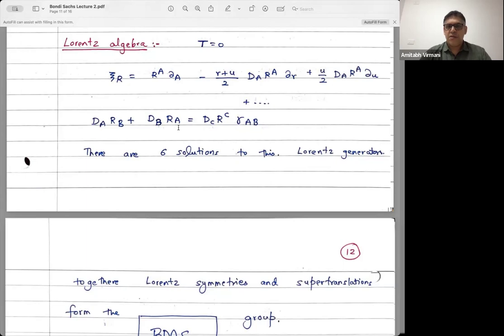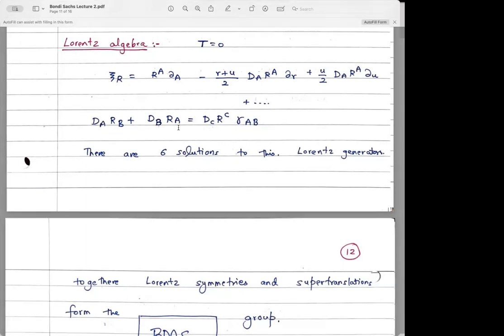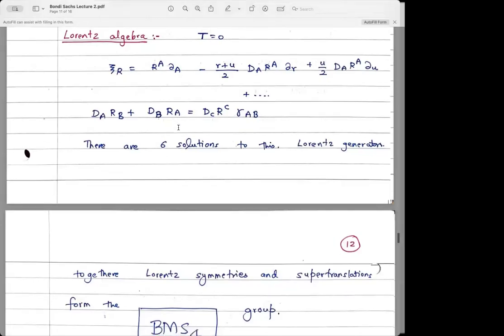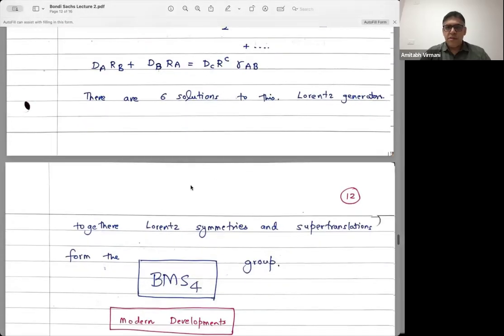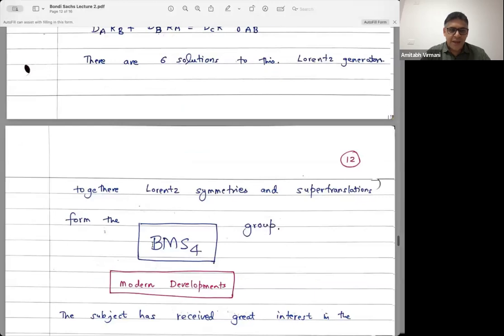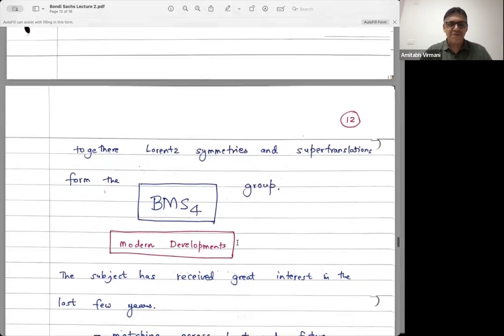This is the equation you will get. This is the reason I wrote it in capitals: this is the old canonical BMS4 group. There are many versions of the new BMS group, which I'm not discussing.